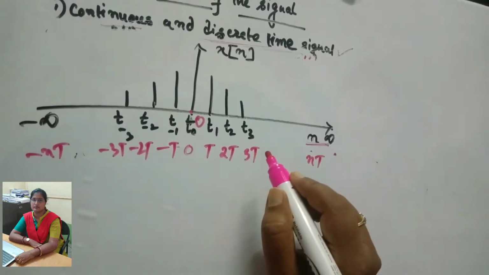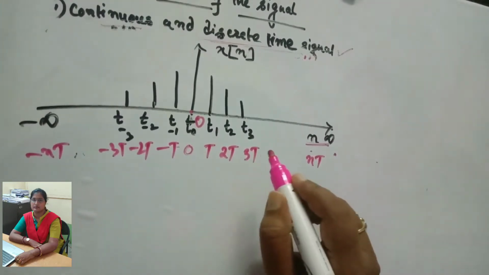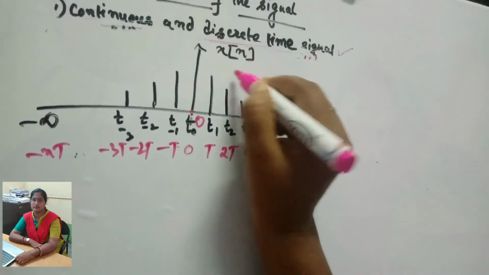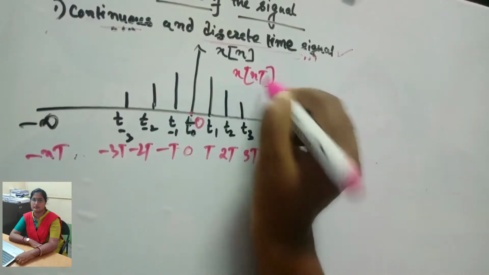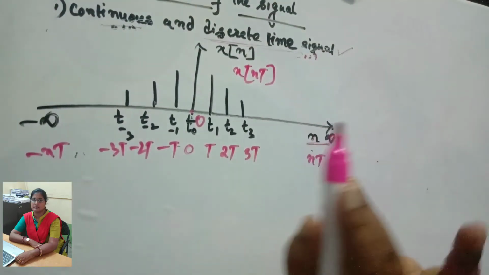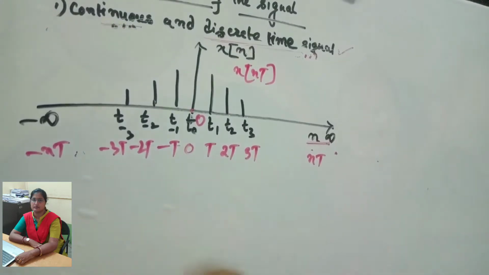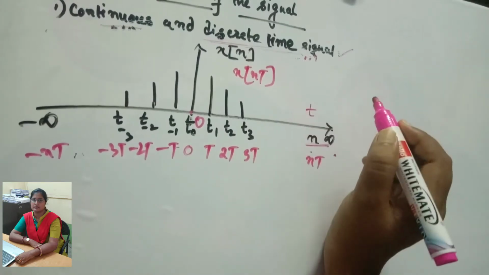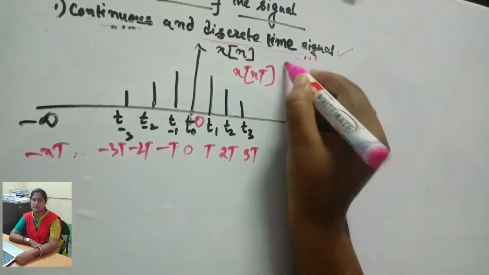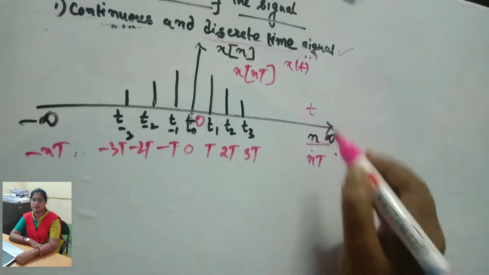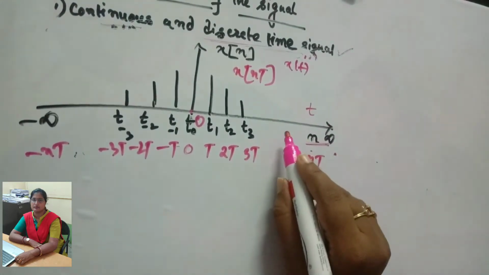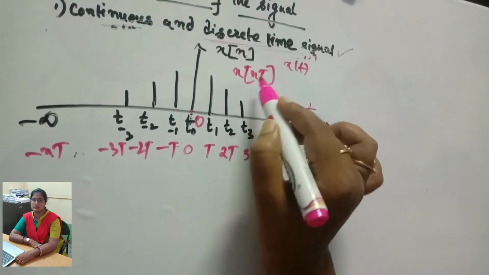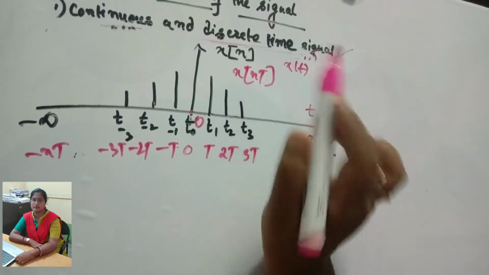And as the signal is dependent on time, it is represented as x of nT. For a continuous signal, the x-axis is represented as t and the y-axis as x(t). Similarly, when the x-axis is represented as nT for a discrete signal, the y-axis must be represented by x(nT).